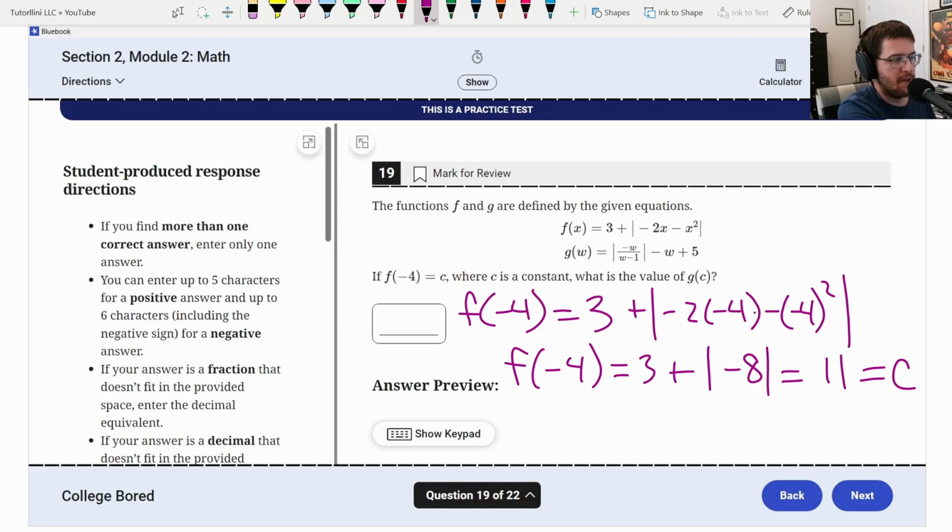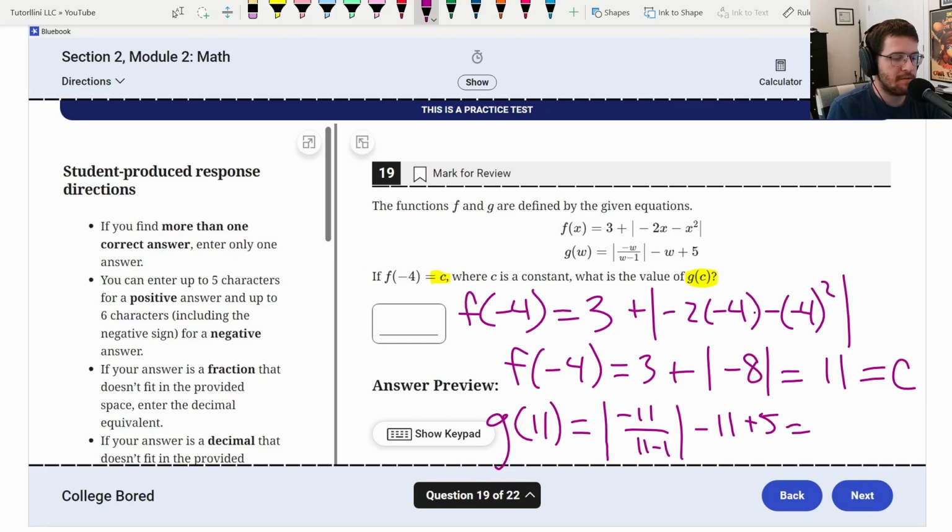So now it wants us to find G of C. So we're going to do G of 11. So we're going to replace all those W's with 11. So negative 11 over 11 minus 1, minus 11 plus 5.